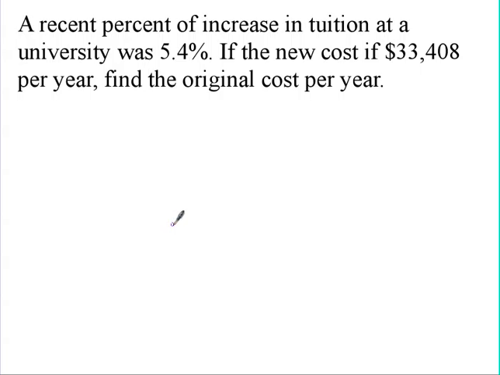So I need to go ahead and solve that. So if you remember my formula, it was the change divided by the original times 100 equals percent. Okay? So what do you think we should do?